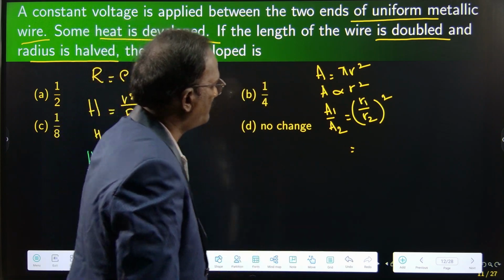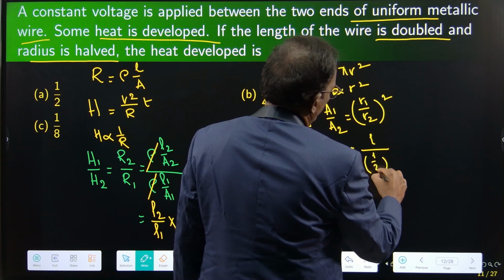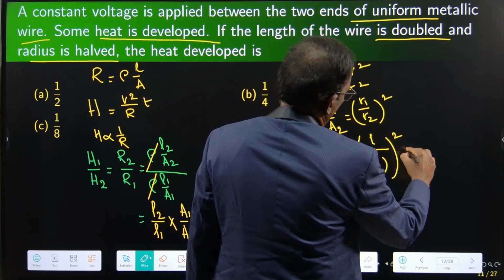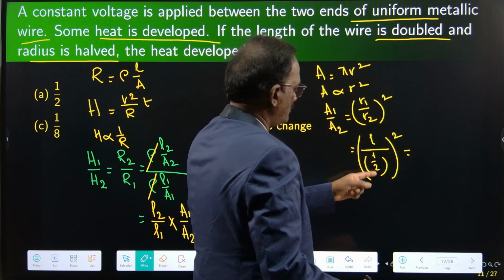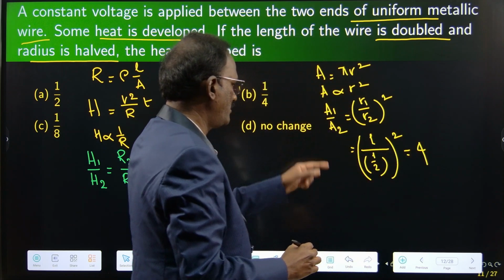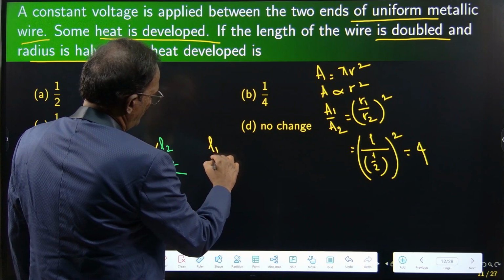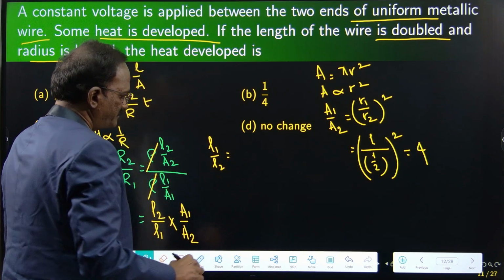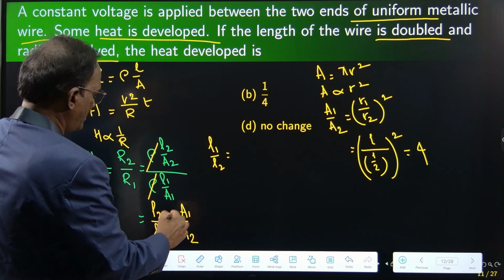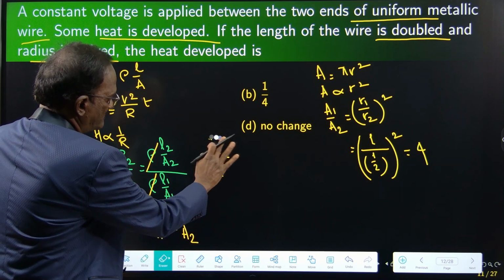The radius is halved. So R1 is 1, R2 is 1 by 2, half. So this is 1 by 1 by 2 squared, this will be 4. So A1 by A2 is 4. Then for L1 by L2, here we need L2 by L1. Yes, L2 by L1.